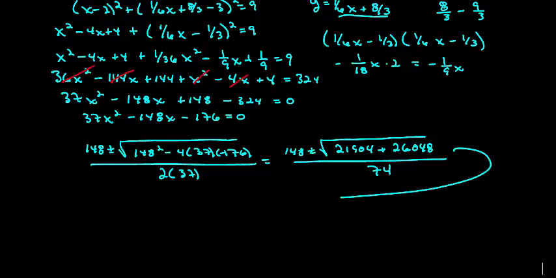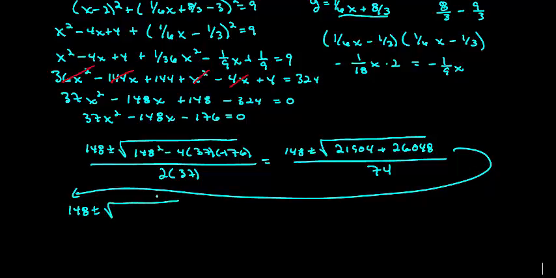So that's 148 plus or minus the square root, so 21904 plus 26048 gives me 47952 over 74. So the square root of that number is 218.